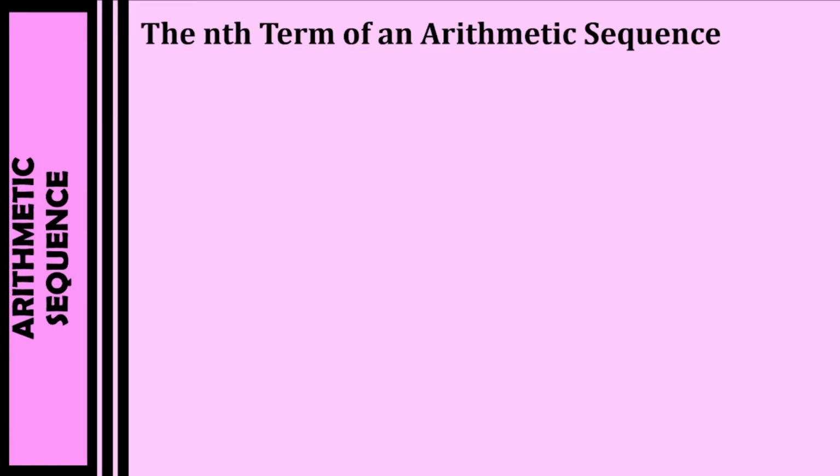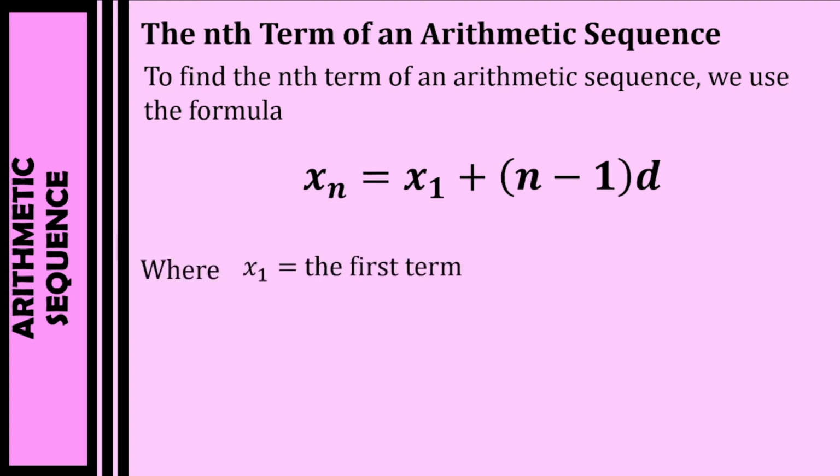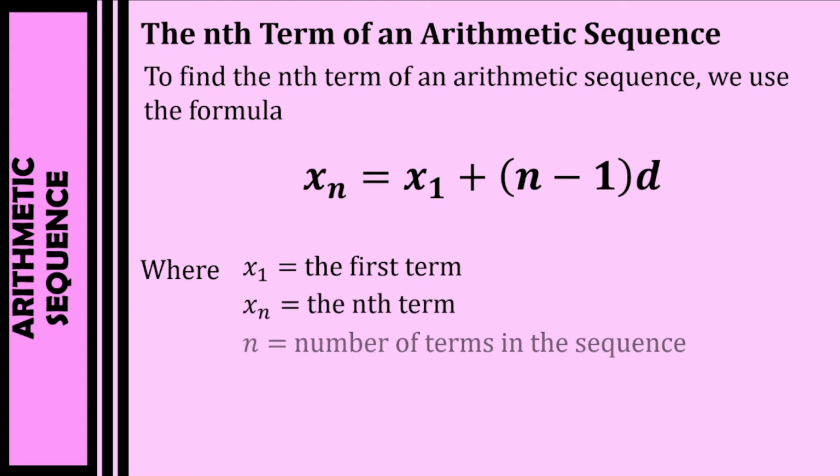In order for us to find the nth term of an arithmetic sequence, we will use the formula x sub n is equal to x sub 1 plus the quantity n minus 1 times d, wherein x sub 1 is the first term, x sub n is the nth term, n is the number of terms in the sequence, and d is the common difference.